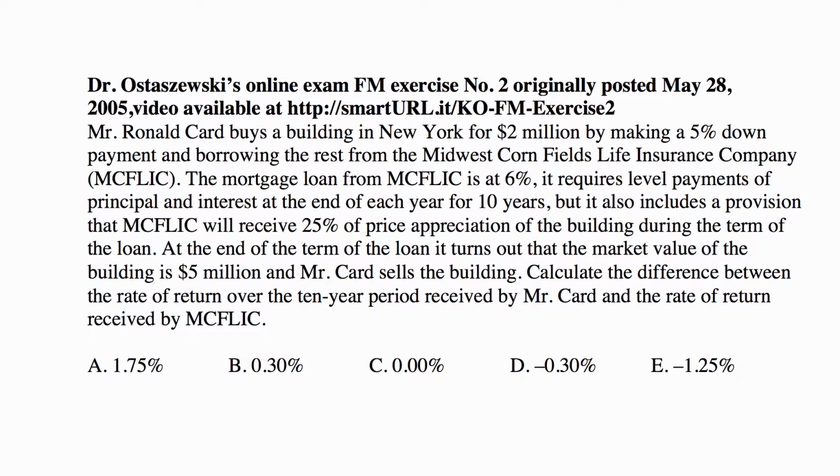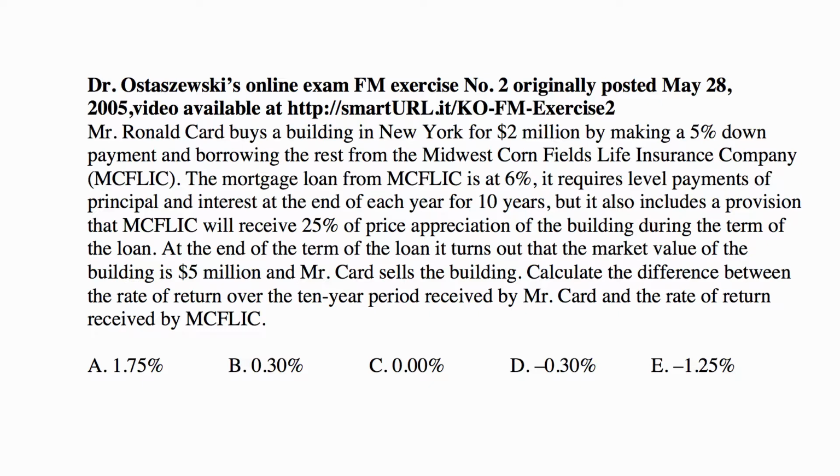So in the story here, we have a businessman, Mr. Ronald Card. He buys a building in New York for $2 million by making a 5% down payment and borrowing the rest from the Midwest Cornfields Life Insurance Company, MCFLIC.